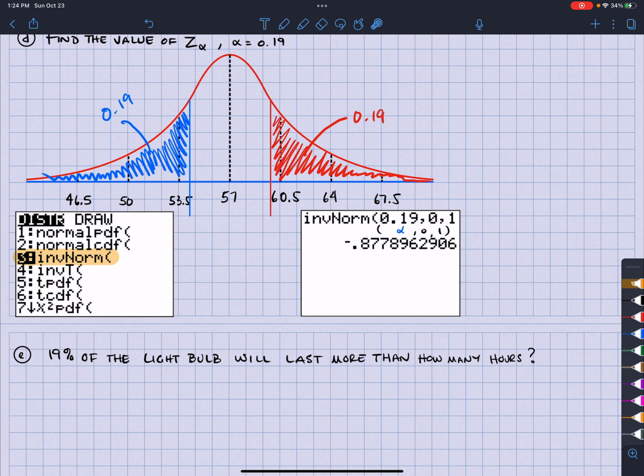So it's giving me this value right here, negative 0.8779.